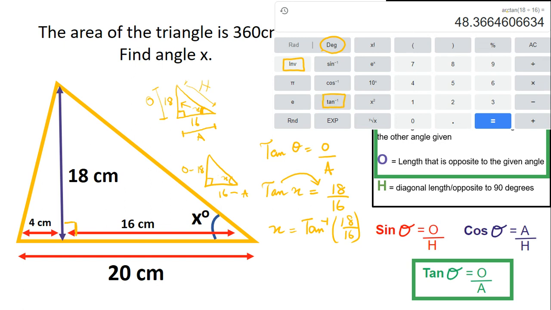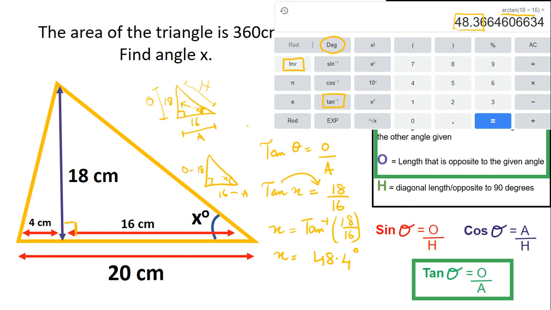When you do that, it comes something like this: arc tan, and then you write 18 divided by 16, which gives you 48.366, or I could just round it up to x equals 48.4. So I have my angle now, or the x, that is 48.4 degrees.